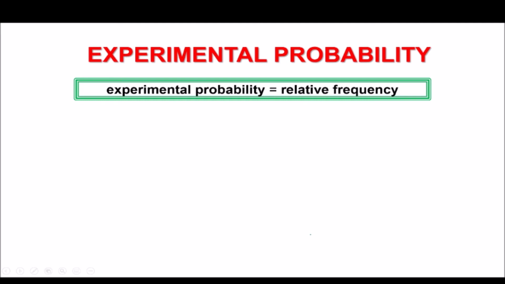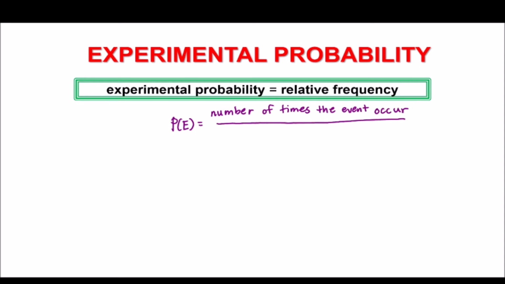So we can say that the probability of an event is equal to the number of times the event occurs over the total number of trials.